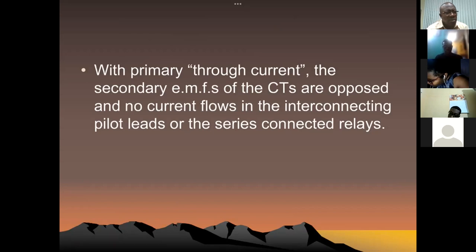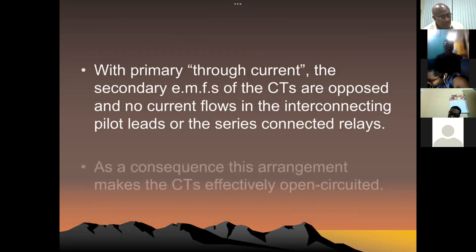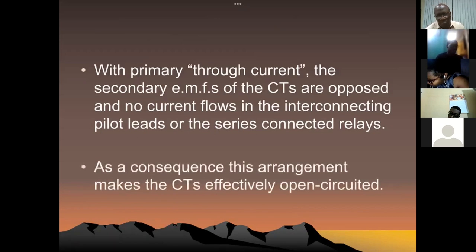If those voltages are equal, then of course you will have no current, which makes it in effect open circuited. No current flow. That's how we describe them. So in effect, that is what we have created.